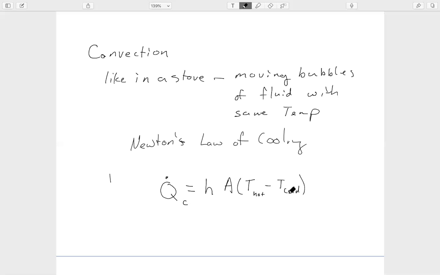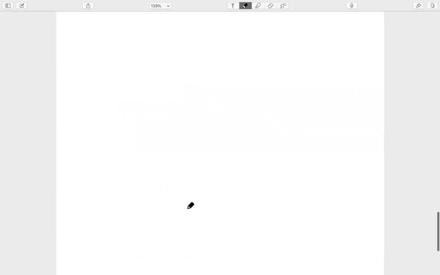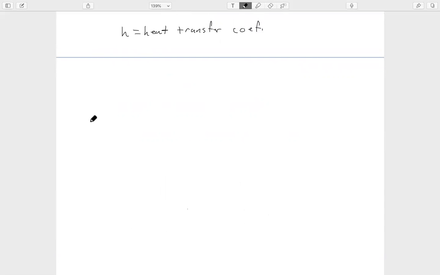I'm going to make a comment about minus signs here. H is called the heat transfer coefficient. For common numerical values, the basic difference is whether the air is forced or just stagnant.